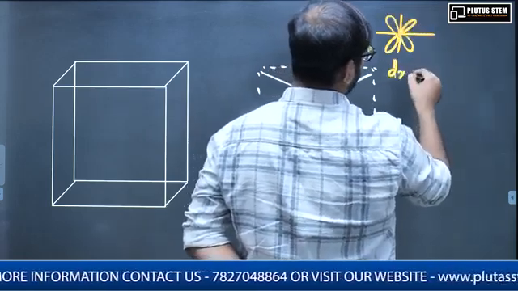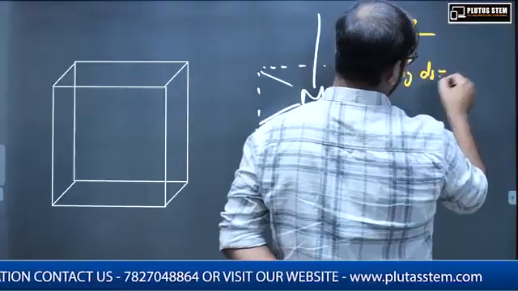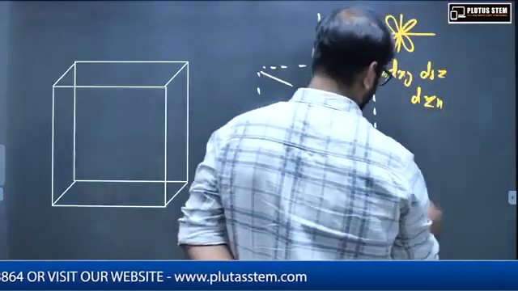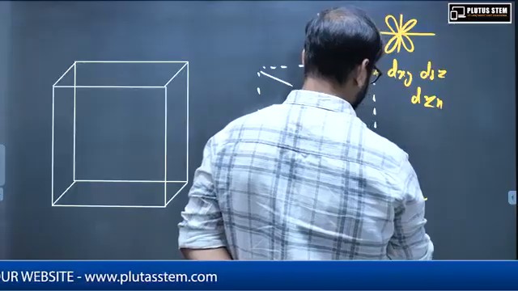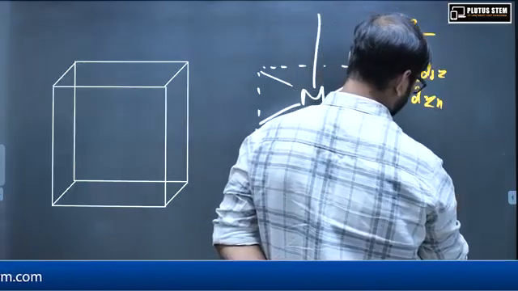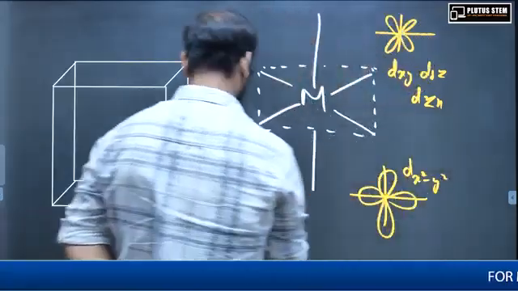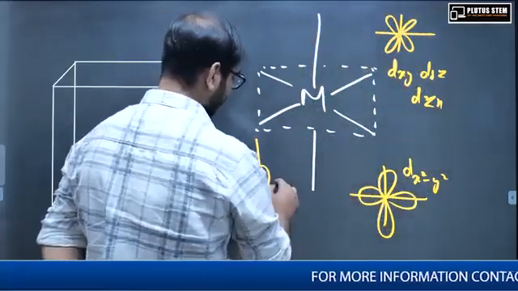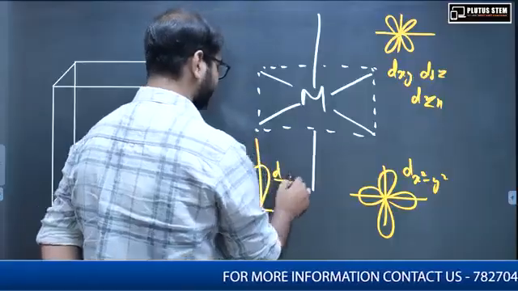This corresponds to the dxy, dyz and dzx type of orbitals, while the only orbital that I have on the axis is the dx square minus y square, and another orbital that I have is the dz square lying on the z axis.